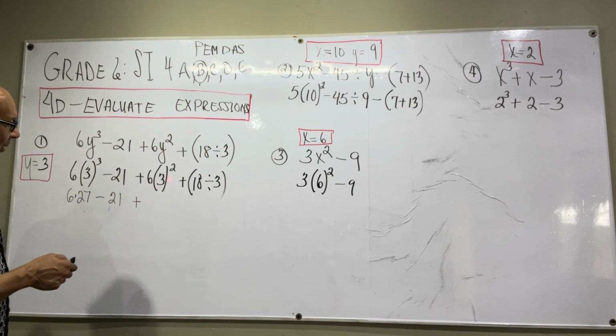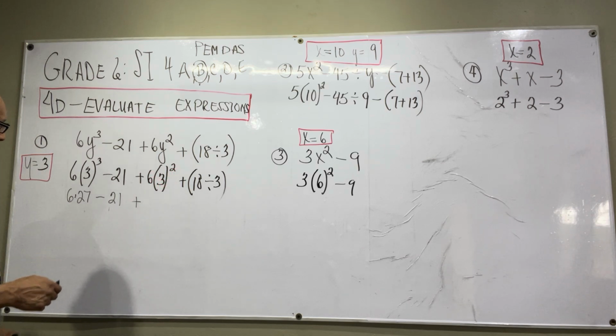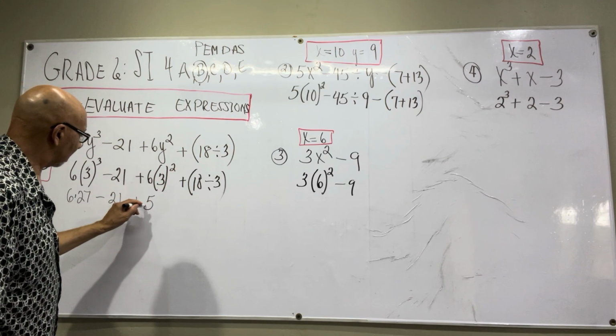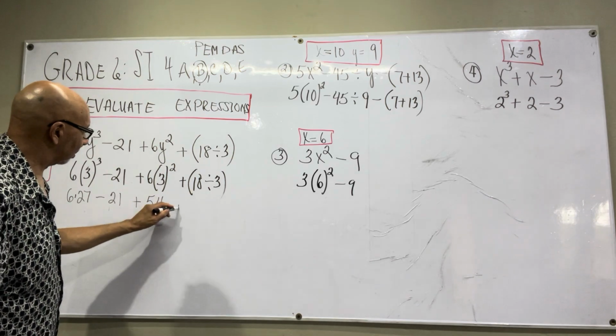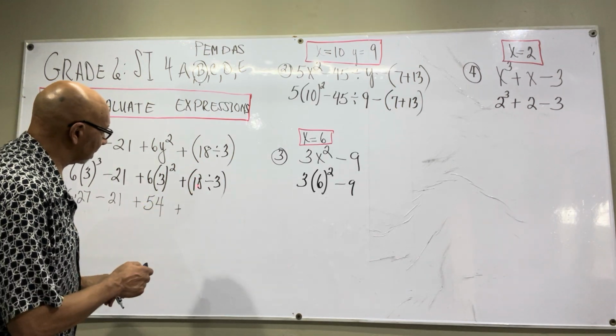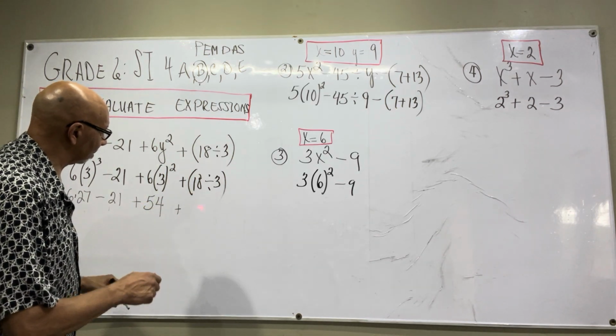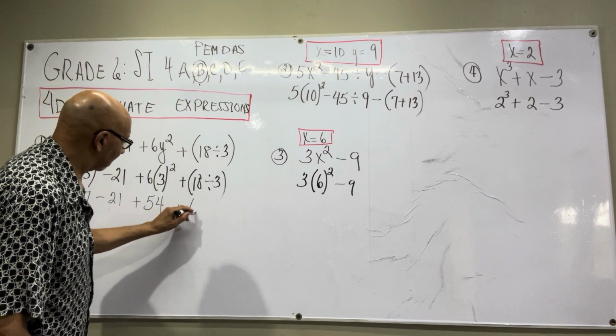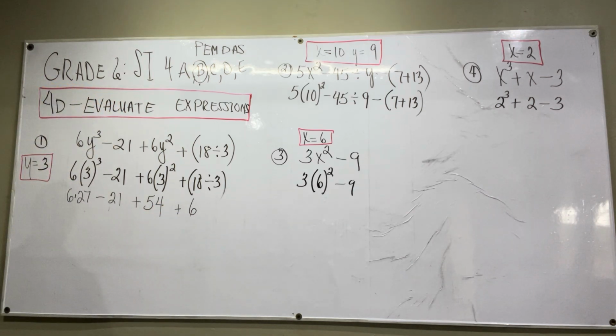Plus 3 squared is 9 times 6 is 54. Plus 18 divided by 3 is going to be 6. So I've eliminated the parentheses here. I haven't completed the multiplication, but I've eliminated the parentheses and the exponent. So now I'm ready to work here.